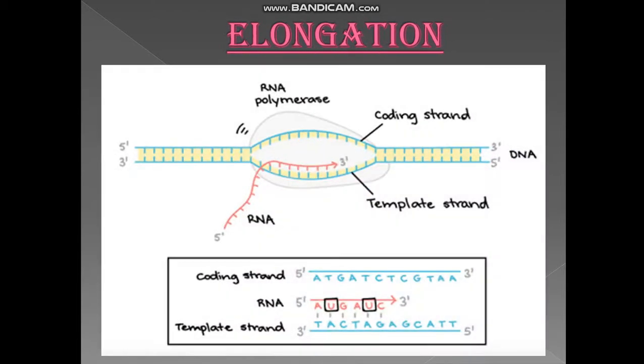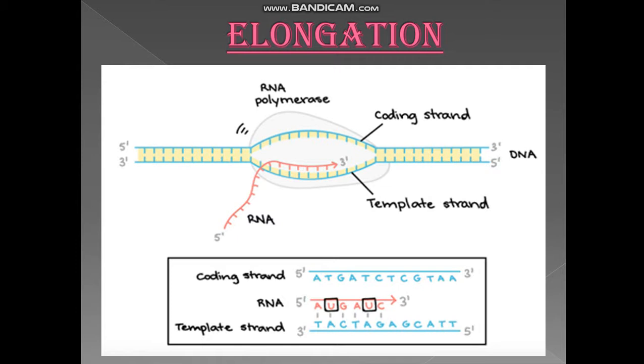See here the diagram. Elongation: you can see a long messenger RNA has formed, because as one nucleotide has been added, certainly again a second, third, fourth, fifth, sixth, and the chain continues and the messenger RNA is formed. So the elongation phase begins when RNA polymerase leaves the promoter and continues to transcribe the template strand.